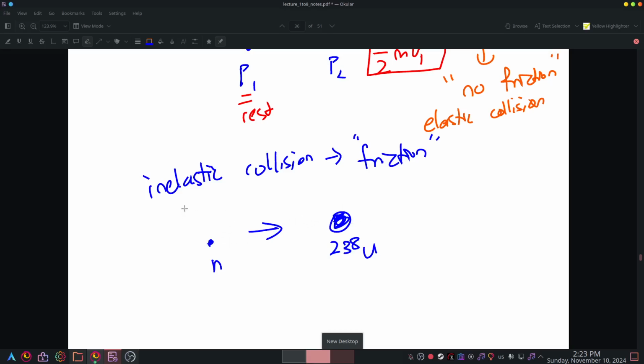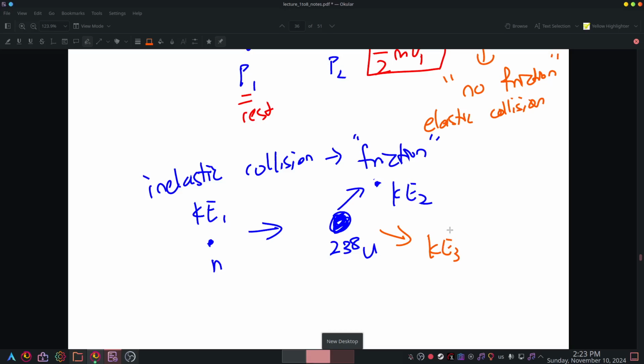The neutron has some kinetic energy, and then it scatters off like this. The neutron slows down, so to speak, because it transfers some of its kinetic energy to the uranium.